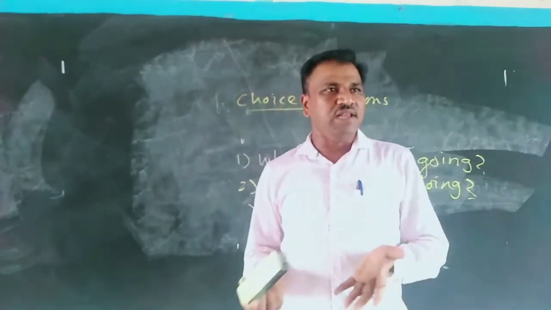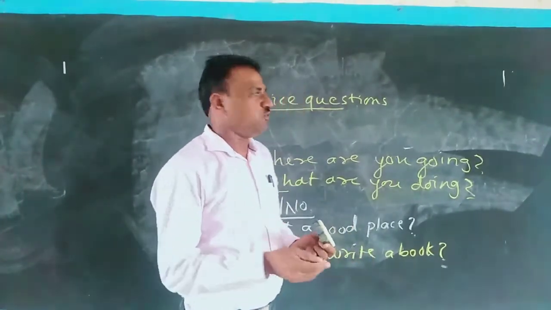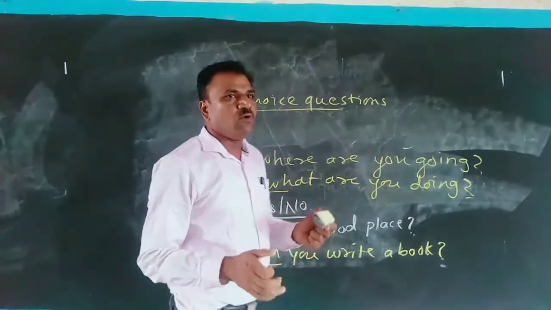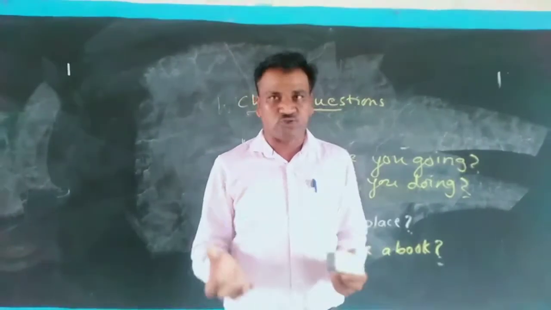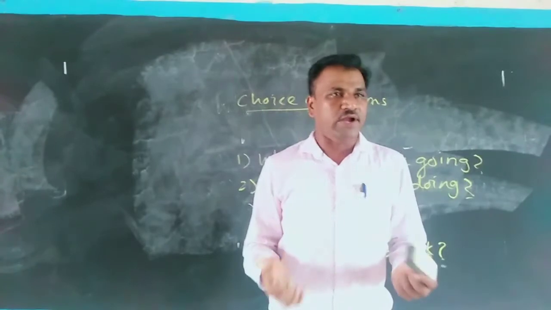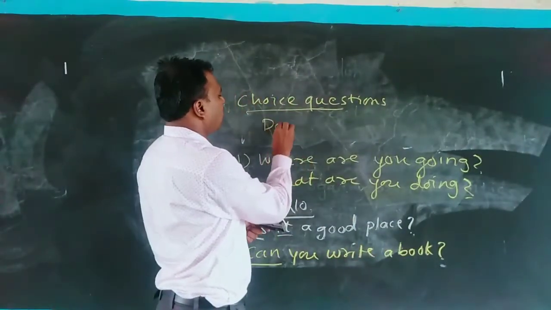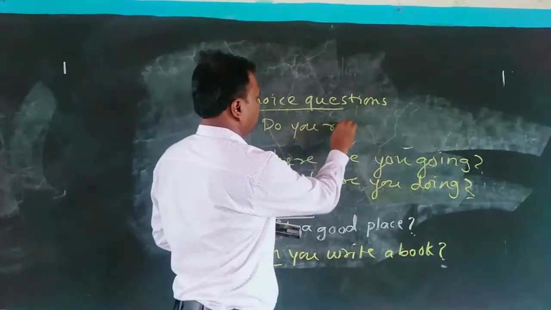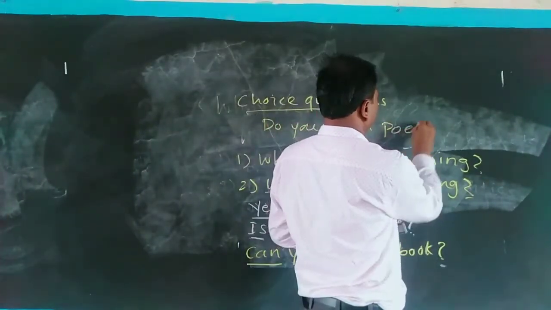Do you want milk or coffee? This type of question you ask your friend. And if you are reading a book, some are very interested in reading short stories, some are interested in reading poetry. At that time you ask, do you read poetry or short stories?